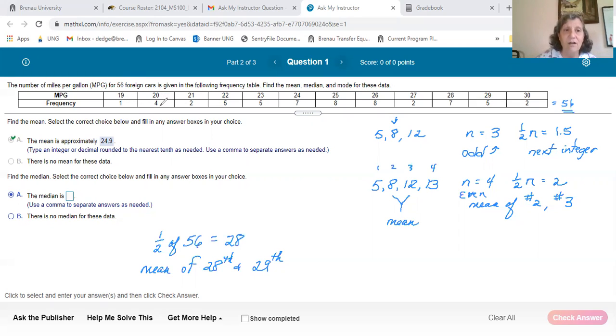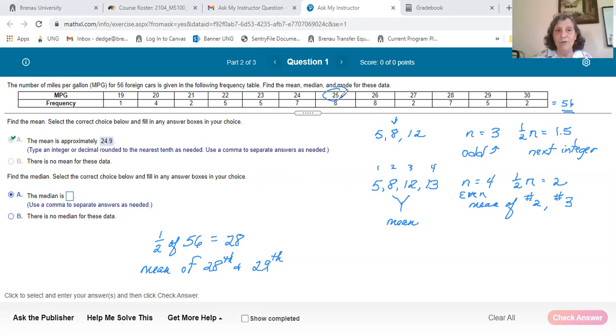Now, to get the 28th, we want to add up the frequencies because the first one was 19, the next 4 were 20, the next 2 were 21, so we're up to position 7, 17. 17 plus 7 would be 24, 25, 26, 27, 28. Both the 28th and the 29th numbers are both going to be 25s.